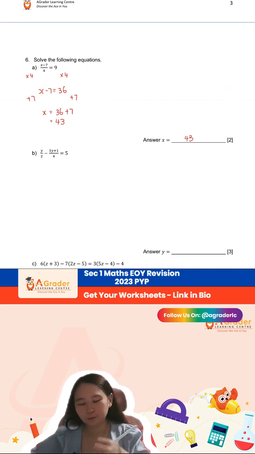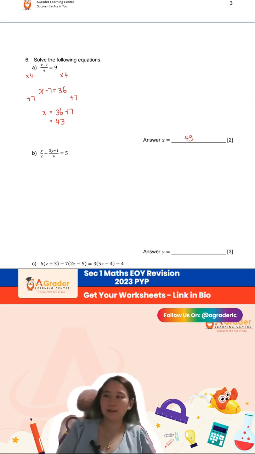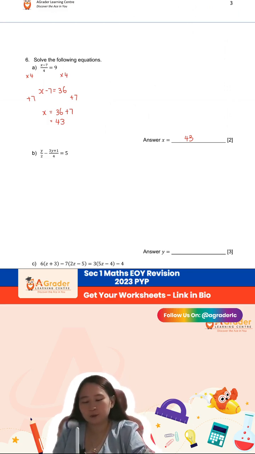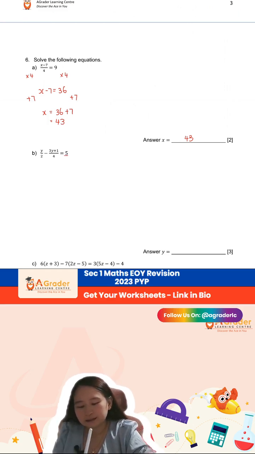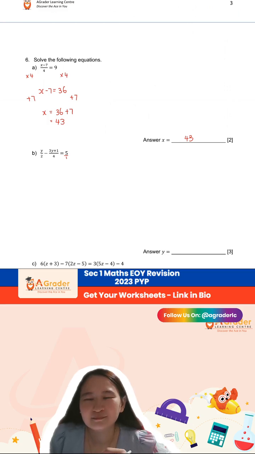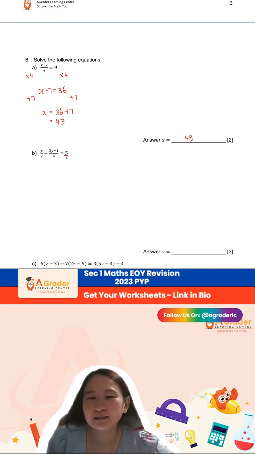So in order for you to remove the denominator, we multiply by the lowest common multiple of the denominators. And there's no denominator, means it's over 1. Who is Xiao Hao 98? Yeah, negative answer is correct. The answer is negative 21.